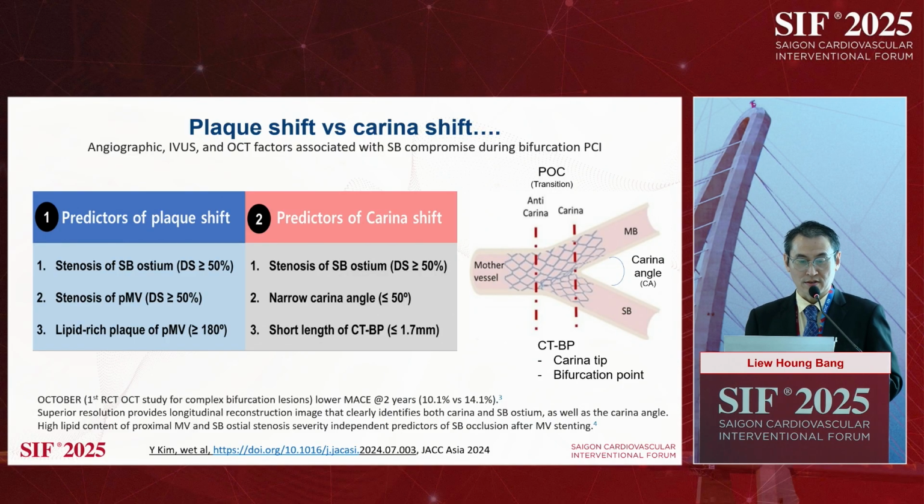Needless to say, if the side branch is small, particularly when the stenosis is significant, plaque shift and carinal shift are both at risk. Whereas a narrow carinal angle, or a very short distance between the bifurcation point and the carinal tip, less than 1.7 millimeters, are predictors of carinal shift.